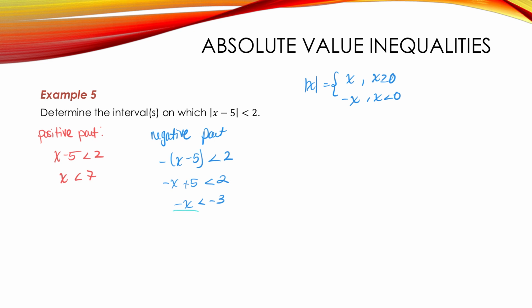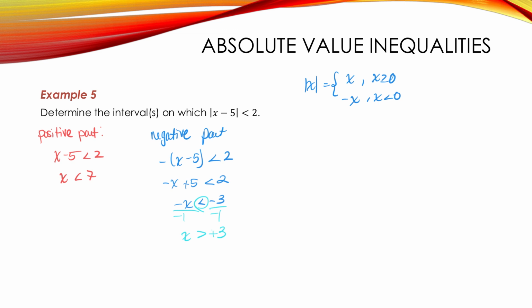So when we multiply or divide by negative 1, that means our inequality sign flips. So we now get x is greater than negative 3. Oops, not negative, sorry, positive. x is greater than positive 3. Because a negative divided by a negative is a positive.